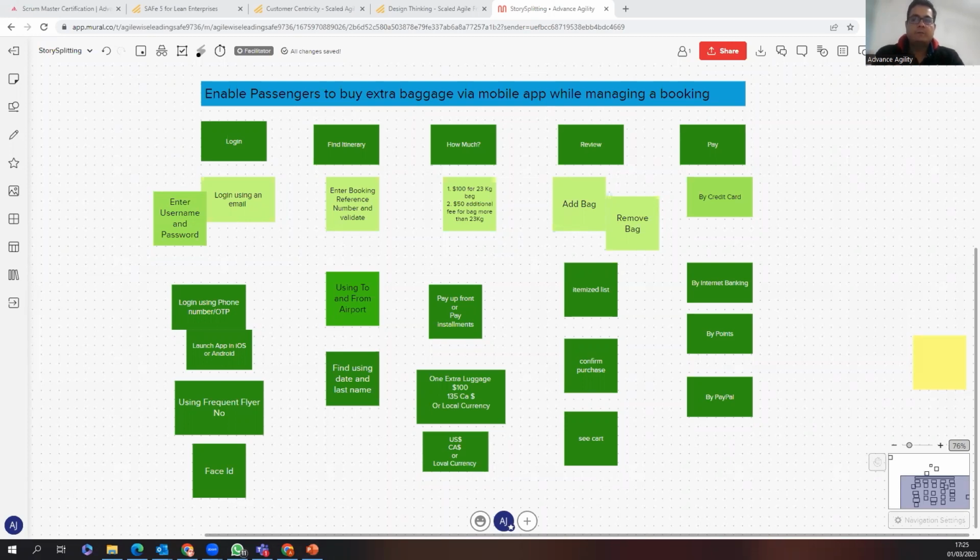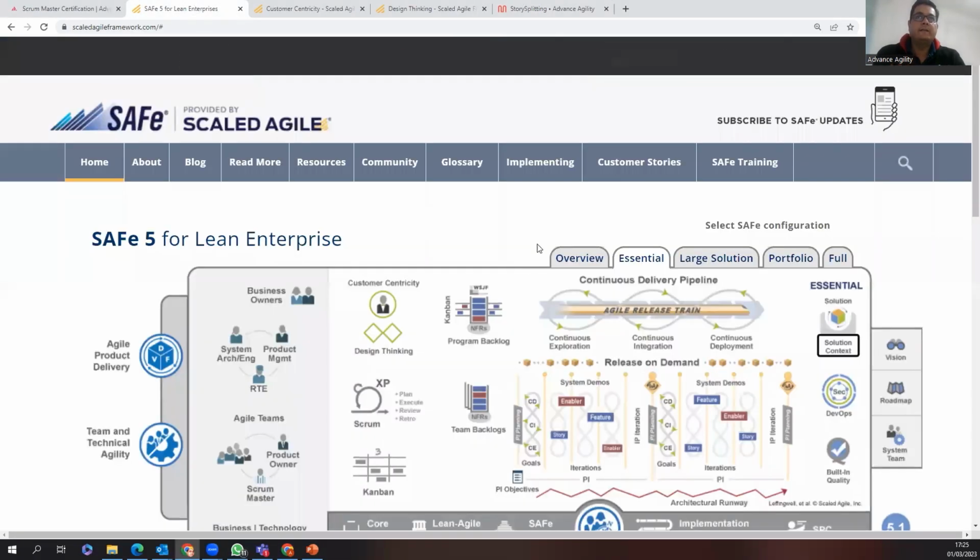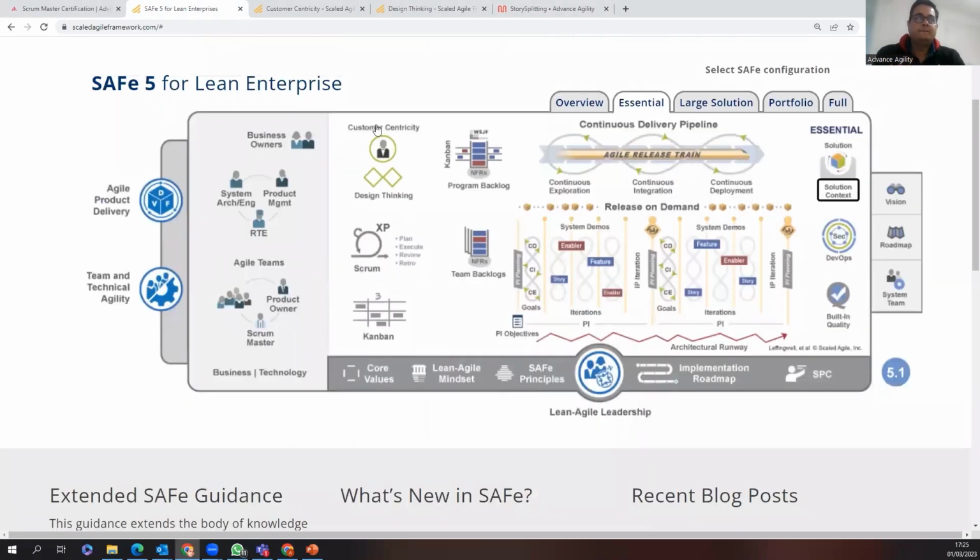Okay. There's one question: what is the difference between product management and agile product management, basically, or POPM and agile product management. So in SAFe, when we are working in the Scaled Agile Framework, we have two different core competencies which are very useful in SAFe Essential configuration.